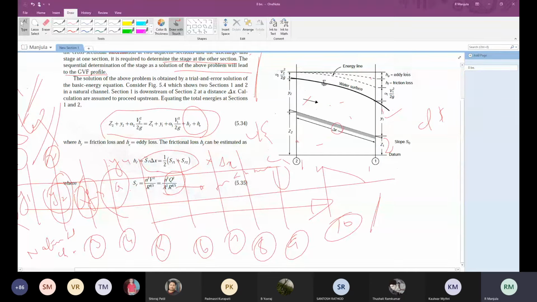If you refer to the figure, we can see at section 1 Z1 bed level, Y1 is the depth at section 1, and alpha 1 V1 square by 2g. hf is the friction loss here. This is the eddy loss, and this is going to be delta x, Z2 plus Y2 plus alpha 2 V2 square by 2g. So this is the total energy for sections 1 and 2.